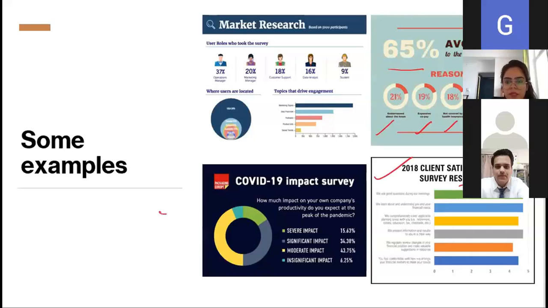Then impact survey, these many percentages. This is just to give you a hang of how survey results are shown, or what the profile of the people who took surveys is. So 37% were these, 20% were these. These are just some examples of surveys.